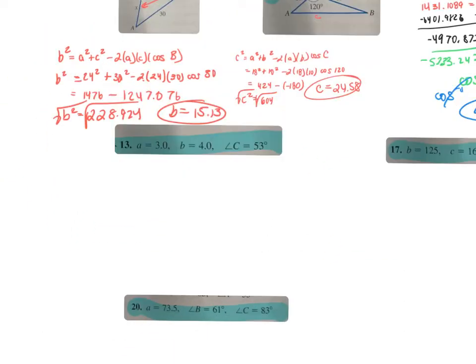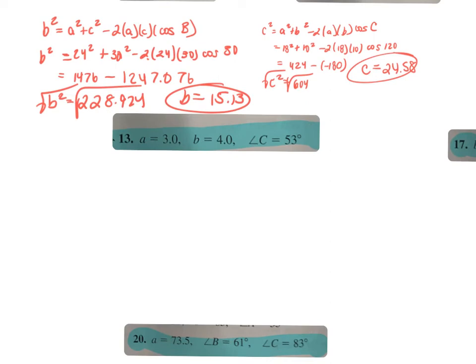All right, guys, an example like number 13, where you don't have a triangle, the first thing you need to do is draw one quickly. So, I mean, it doesn't have to be quickly, but whatever. So I have angle A, angle B, angle C. Side A is across from angle A, so that's 3. Side B is across from angle B, so that's 4. And angle C is 53 degrees. So we're going to try and solve this triangle.